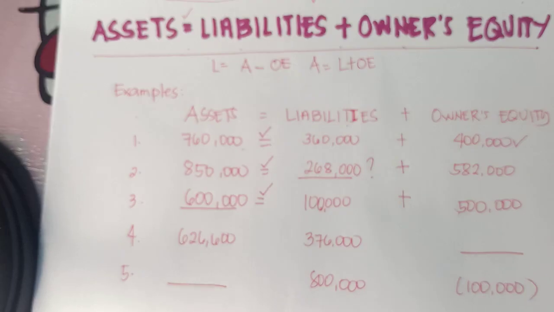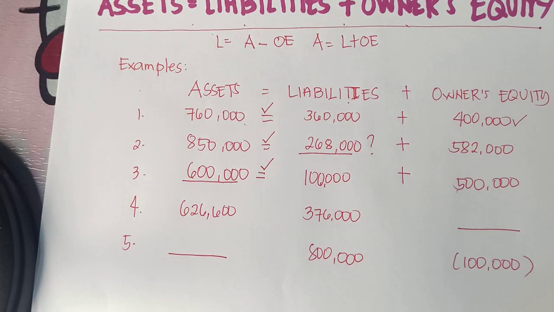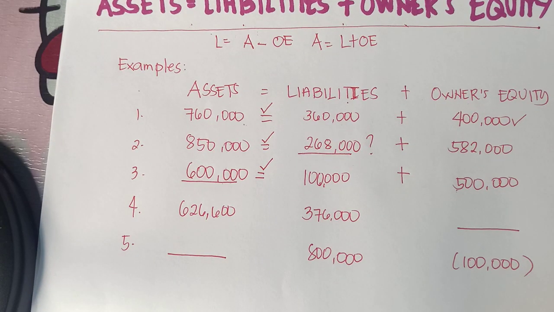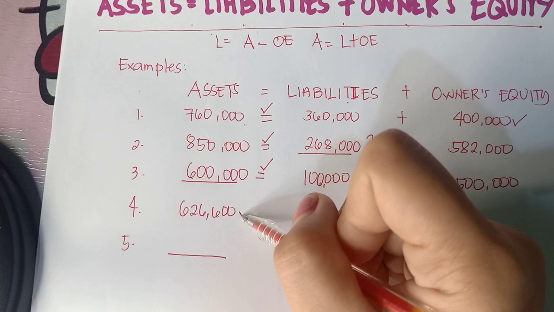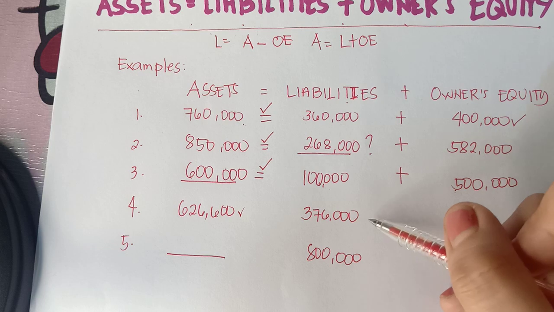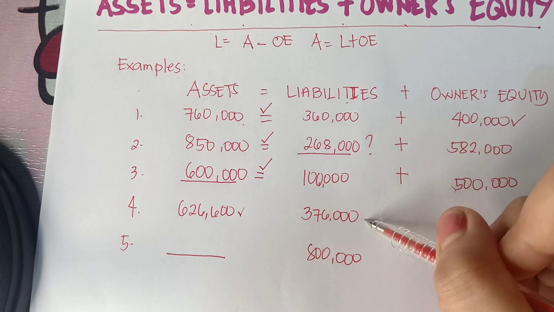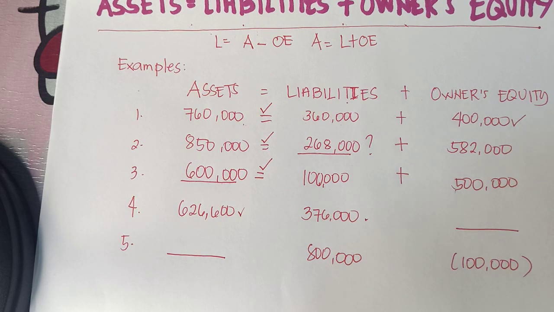Okay, next, example number 4. We have a given asset of 626,600 and a given liability of 376,000. Now, let's find the value of the owner's equity.